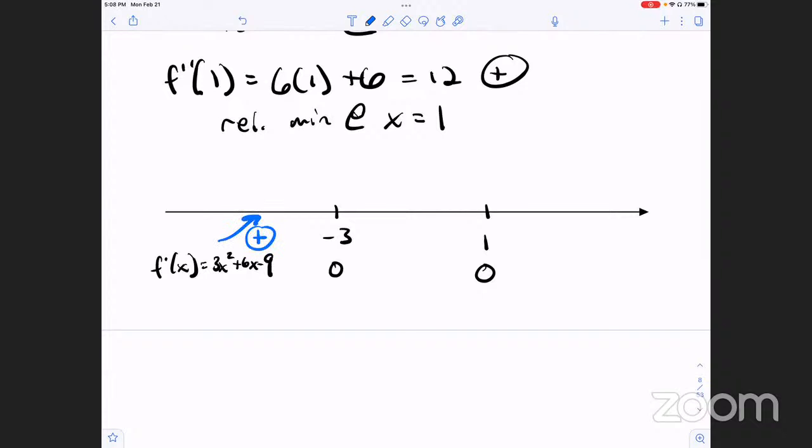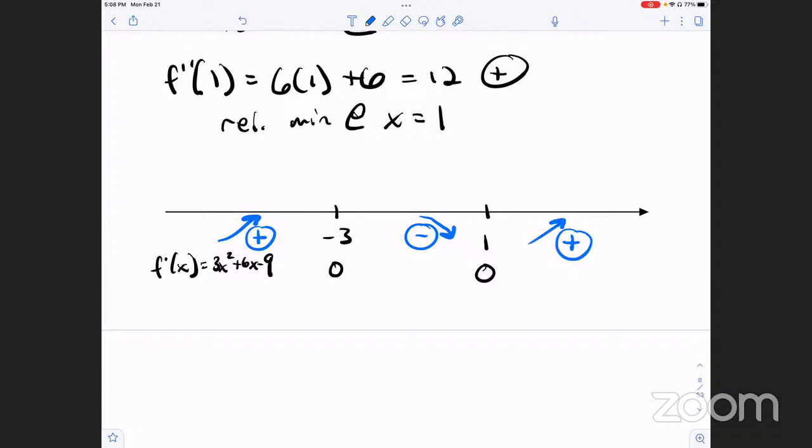A number between negative 3 and 1 to test is when x is 0. We're going to get negative 9, a negative result, so our function should be decreasing here. And then for a number to the right of 1, let's plug in 2. That's 12 plus 12, 24 minus 9, so the final result is positive, which means our function should be increasing.